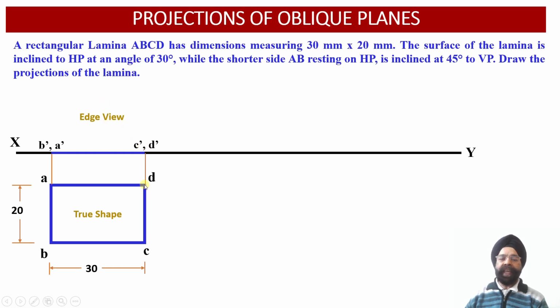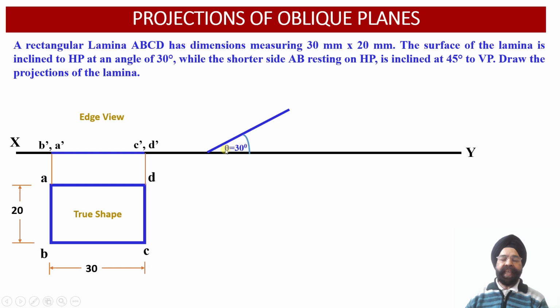So again, it would be resting on the shorter edge on the ground. Now, since the name of the shorter edge has been provided to us, it should be resting on the edge AB. So this way we are required to incline the surface of the lamina at an angle of 30 degree with respect to the ground or the XY reference line.